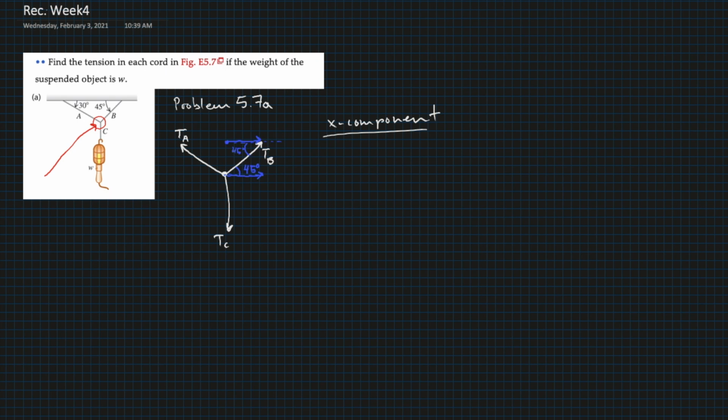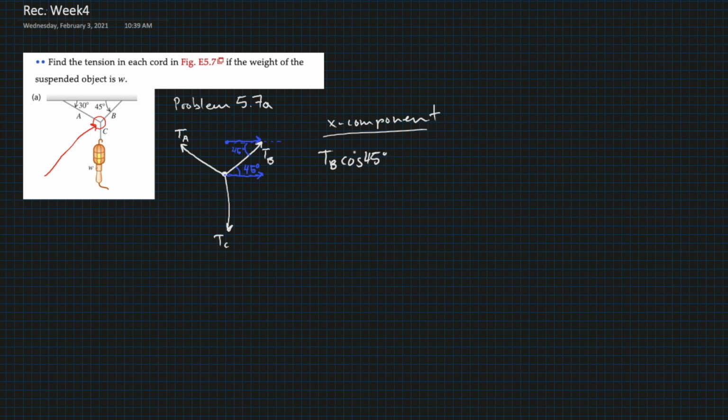A couple ways to do this, but ultimately what I'm seeing is that in order to isolate out that horizontal component of tension B, of the force tension B, I need to multiply the magnitude of tension B times cosine of 45 degrees.